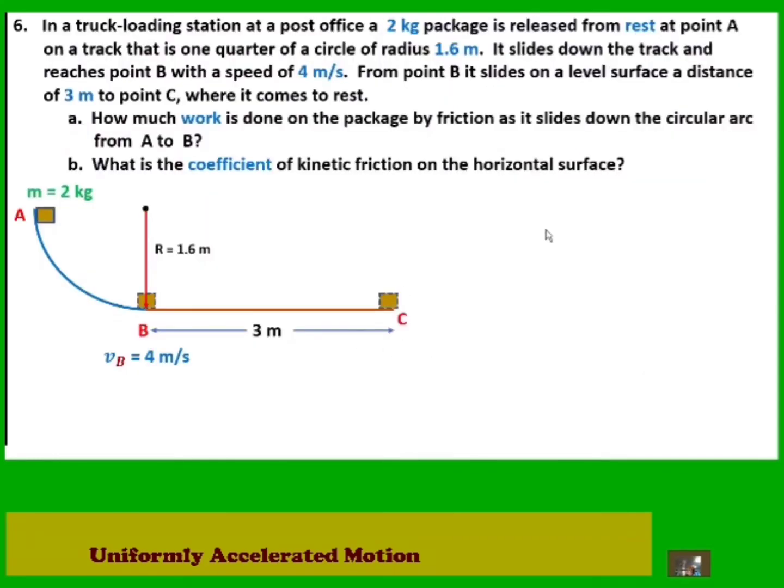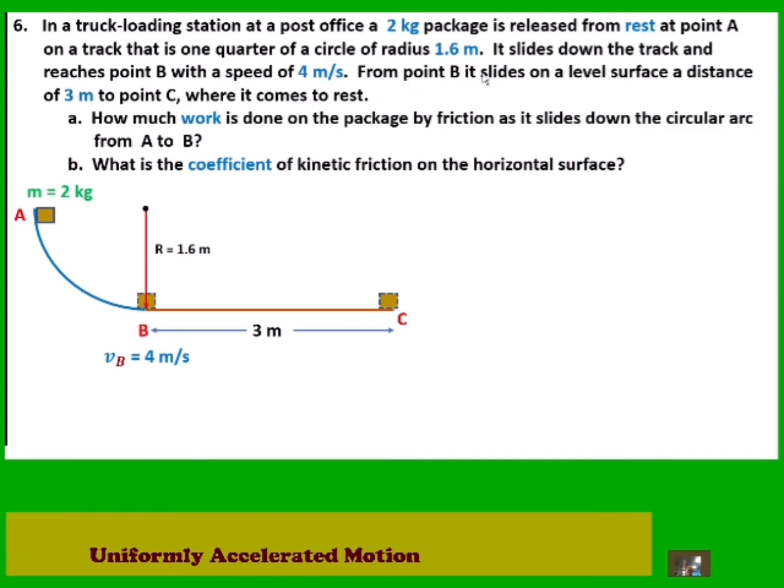Problem number 6. In a truck loading station at a post office, a 2 kilogram package is released from rest at a point A on a track that is 1/4 of a circle of radius 1.6 meters. It slides down the track and reaches point B with a speed of 4 meters per second.